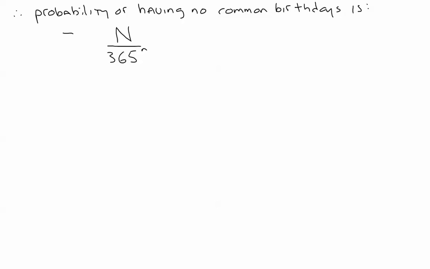The numerator is the number of ways that we can have birthdays when there are no coincidences. The denominator is the total number of ways that little n, number of people, can have birthdays, regardless of whether or not there are coincidences. Plugging in capital N from the previous page, we have 365 factorial divided by 365 minus n factorial times 365 raised to the nth power.